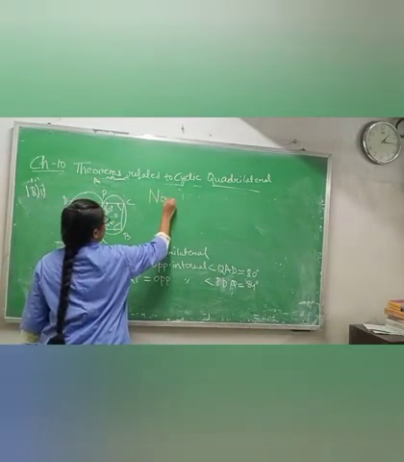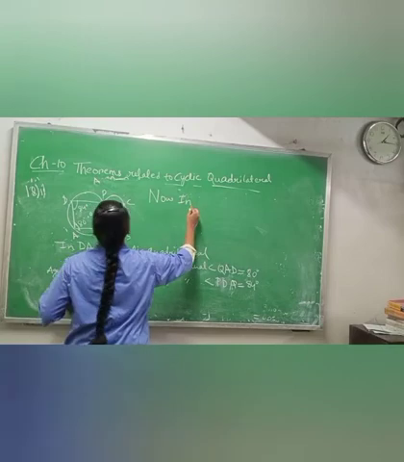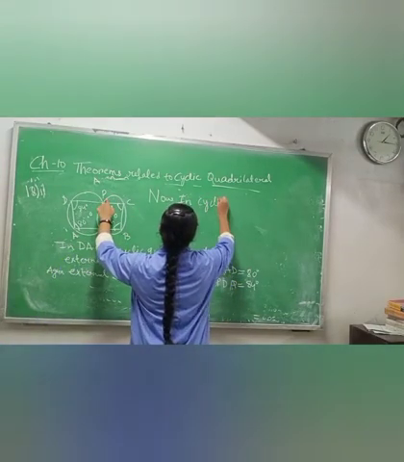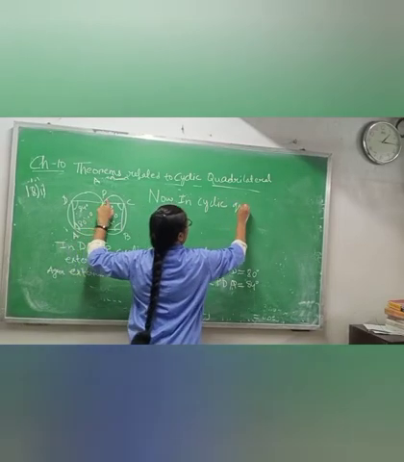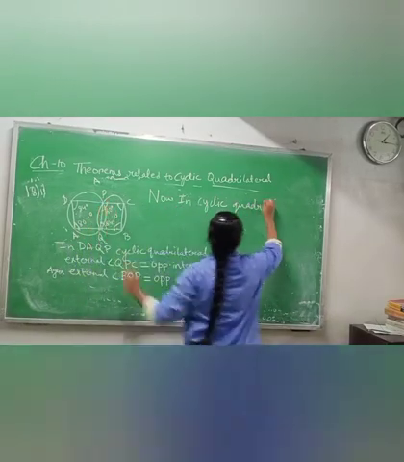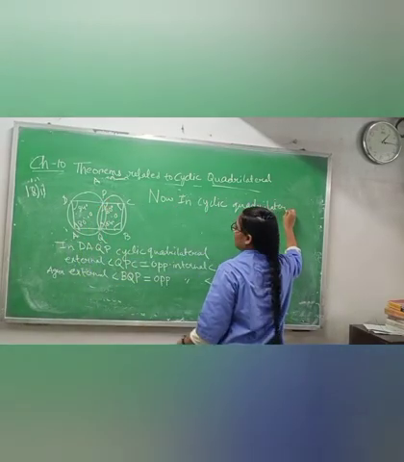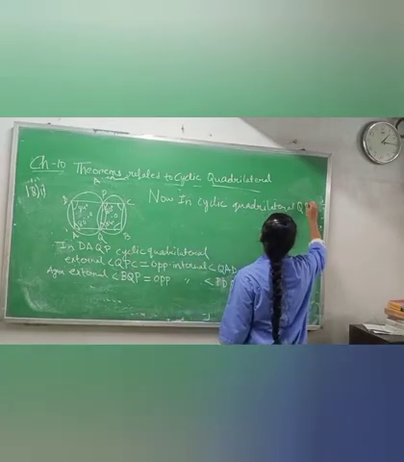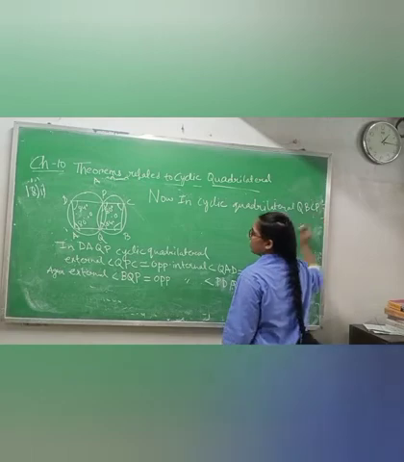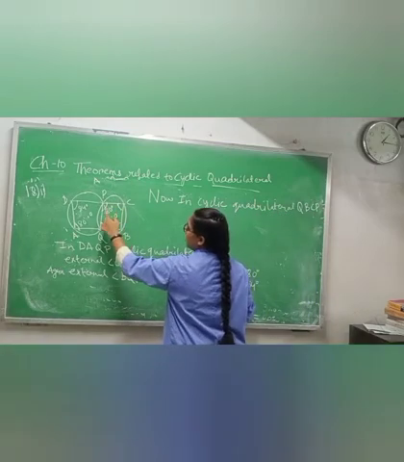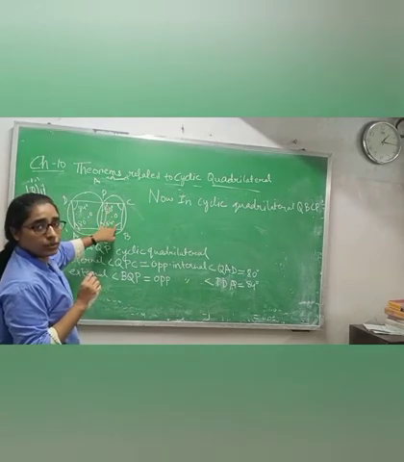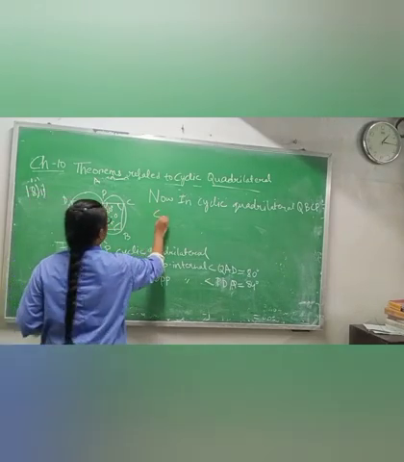Now, in the QBCP cyclic quadrilateral, I am taking this cyclic quadrilateral QBCP. The sum of the opposite angles will be 180 degrees. So what will you write?